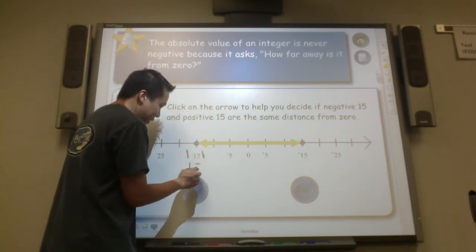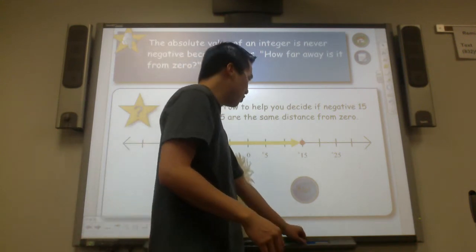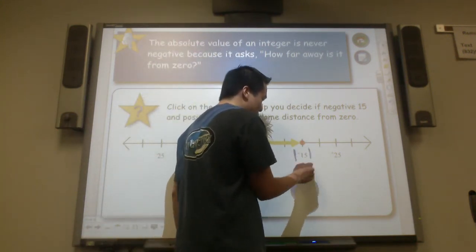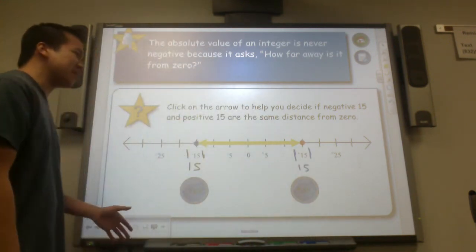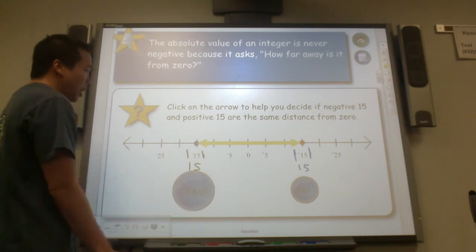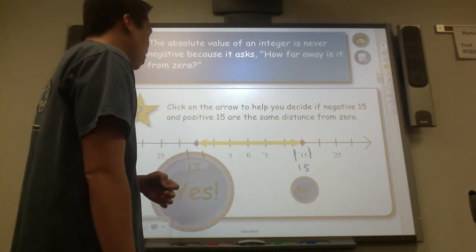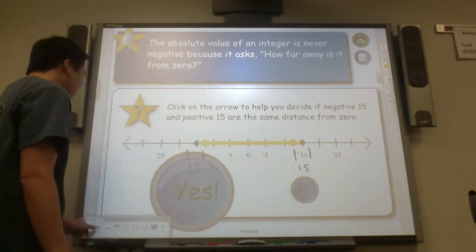It is 15 units. 5, 10, 15. What about positive 15? It is 15. So are they the same distance from 0? Yes. Opposite numbers share the same absolute value. It is the same distance from 0.